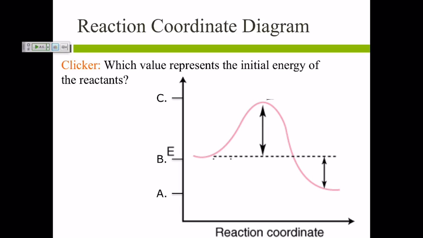So put these 5 different things on this graph. All these terms right here. All right, a couple more seconds.